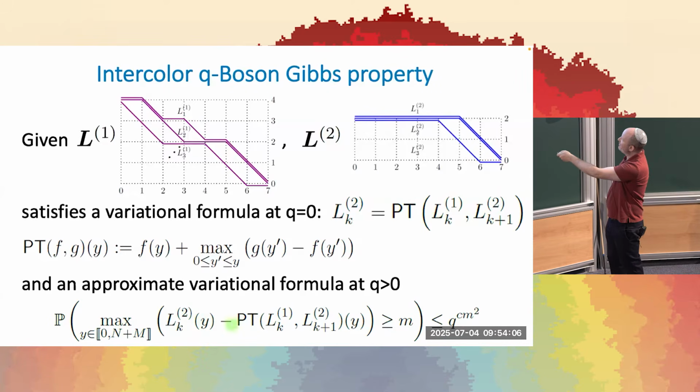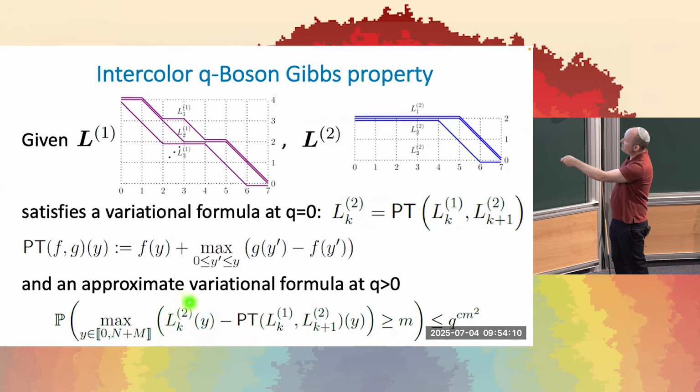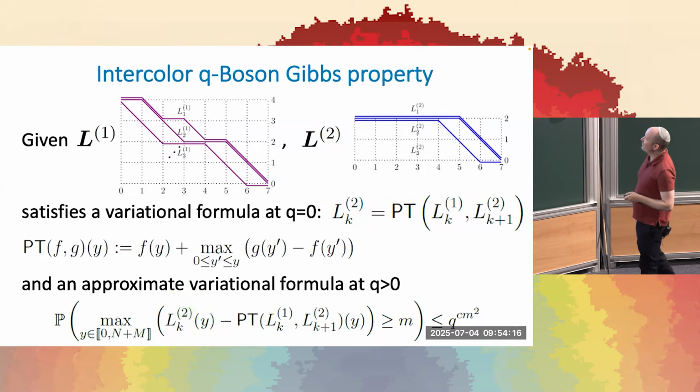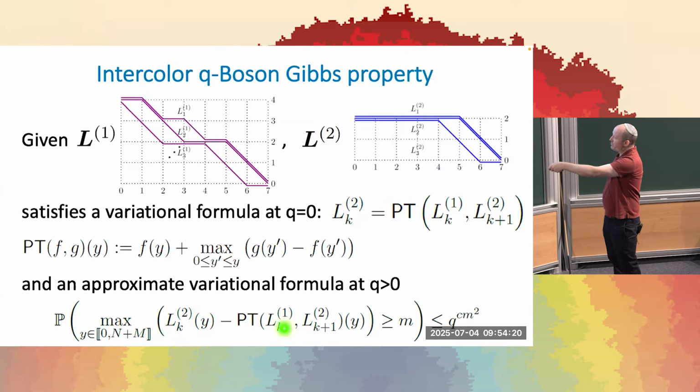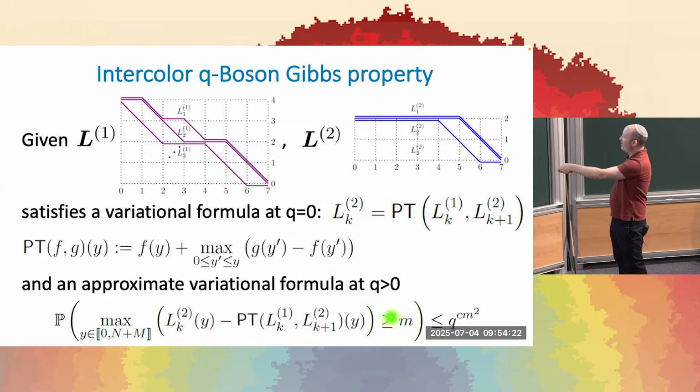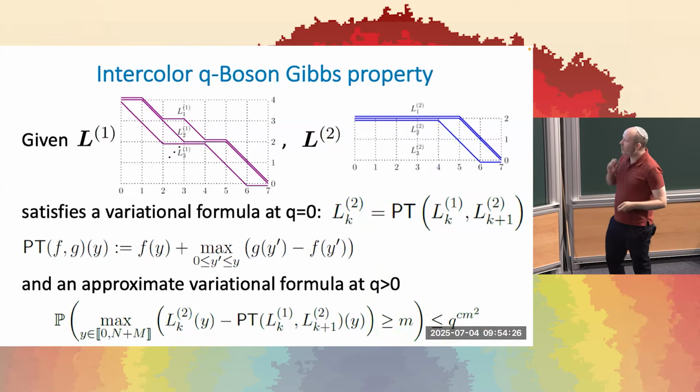You don't have an identity that recovers, but you have some sort of probabilistic bound that says that I can guess pretty well what the behavior of that kth curve of the type 2 ensemble is going to be by doing the Pitman transform, and the error on that guess is somehow super exponentially decaying.